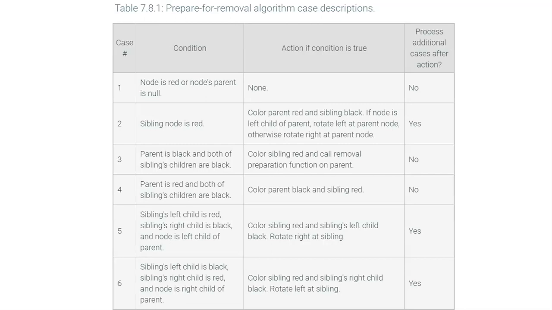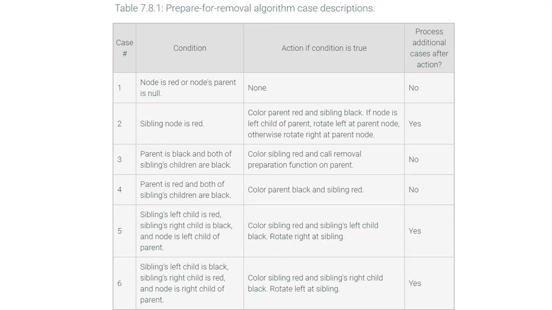In case 2, if the sibling is red, we first color the parent red and the sibling black. If the node we want to delete is the left child, we rotate left at the parent. Otherwise, we rotate right at the parent. Once finished, we have to continue checking for cases 3 through 6.